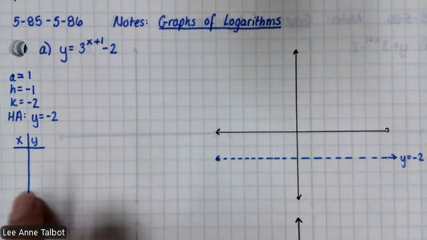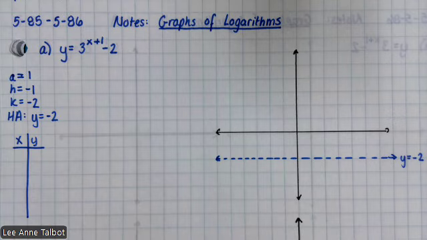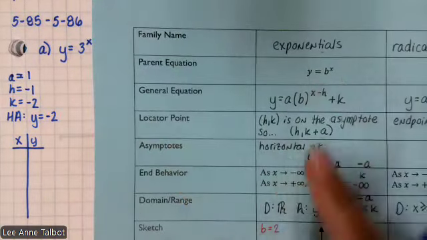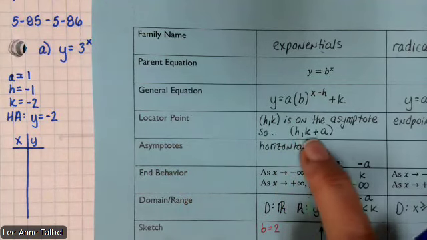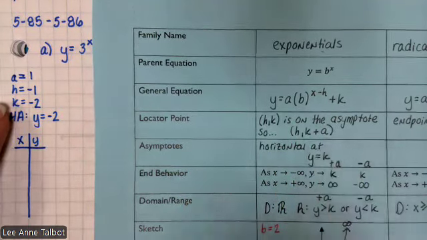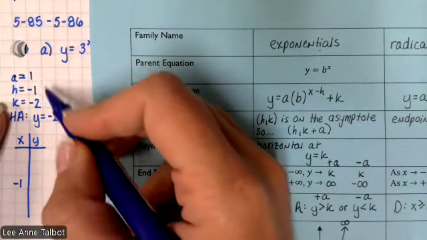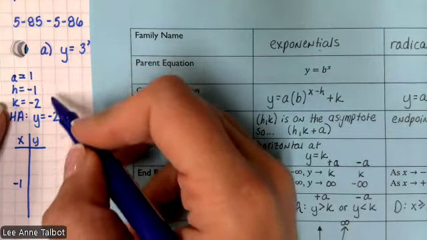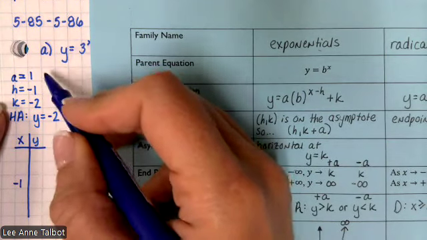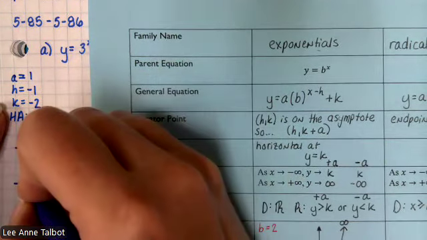Now I'm going to put my locator point in the middle of my table. So I'm going to come back over here. Locator point for an exponential is h comma k plus a. So h comma, what's k plus a? Yep, -1, right?